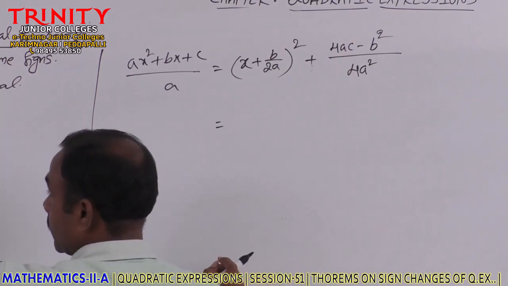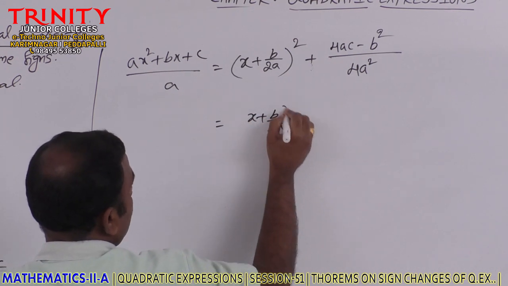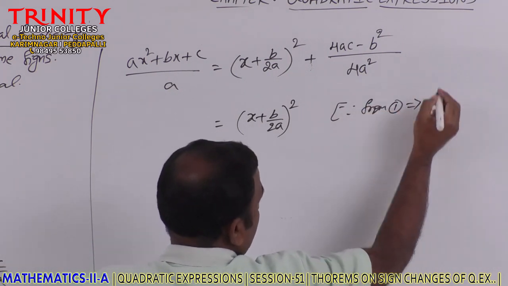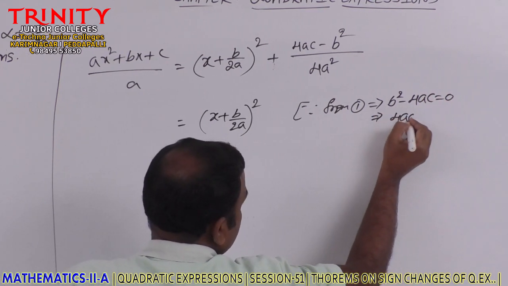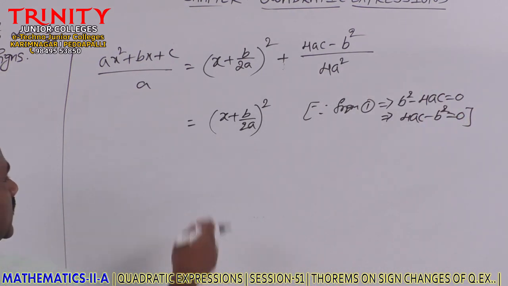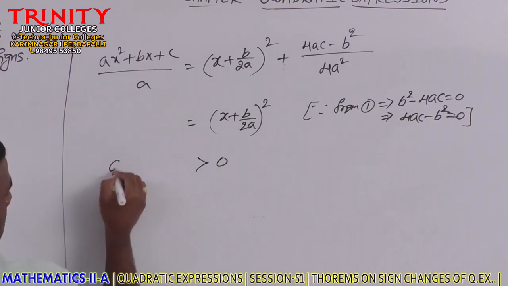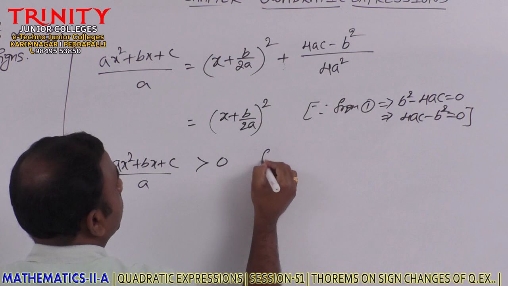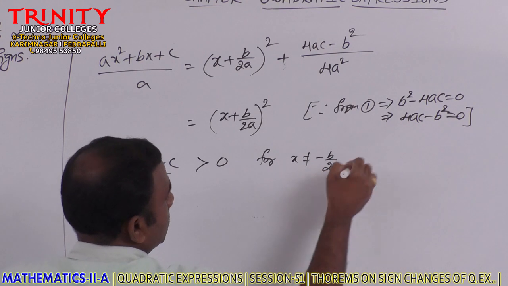Why? Because from equation number 1, b square minus 4ac is 0, that is nothing but 4ac minus b square is also equal to 0. Therefore we get x plus b by 2a whole square. Therefore this value is always greater than 0, or not? x plus b by 2a whole square. So ax square plus bx plus c by a is greater than 0 for x not equal to minus b by 2a.